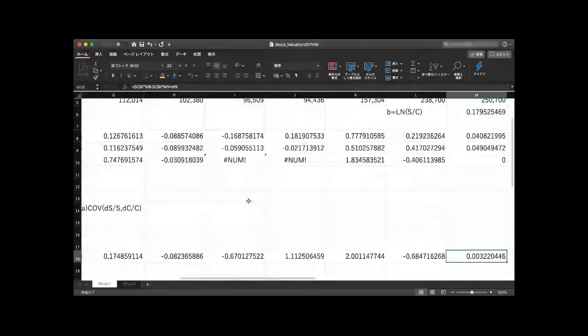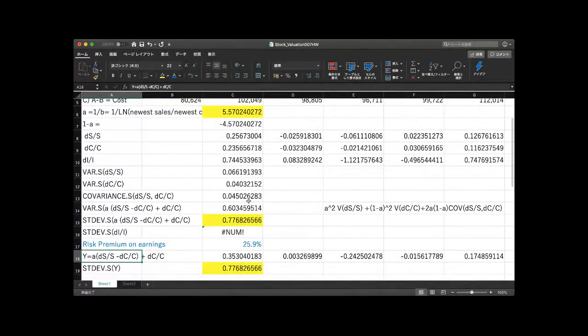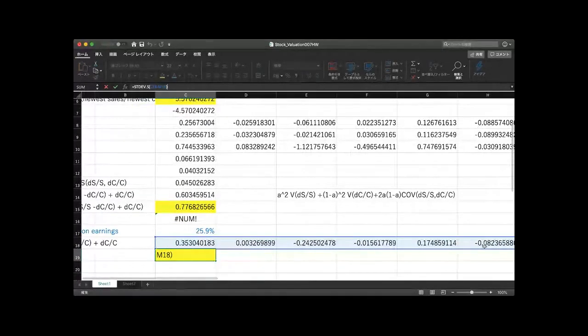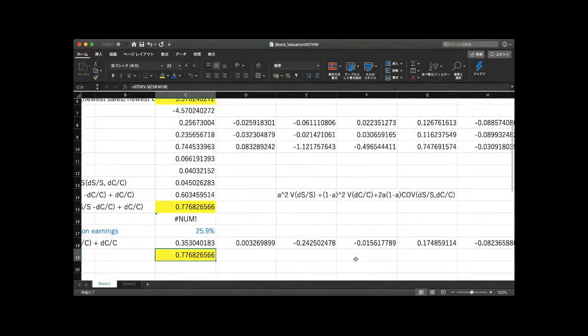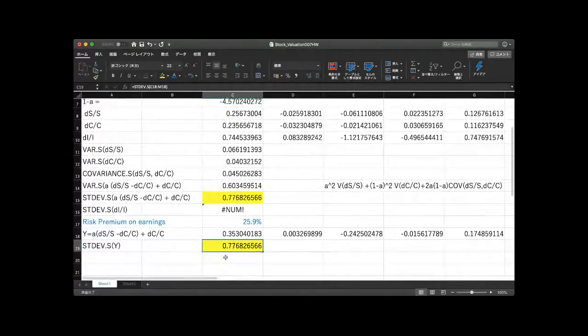We have 11 samples of growth rate. Let me call it Y. And STDEV.S of Y is the same result. Of course, it's the same result. STDEV.S of this time series would be 77%. And of course, the risk premium is 1/3 of this. Okay, 26% again, the same, right?